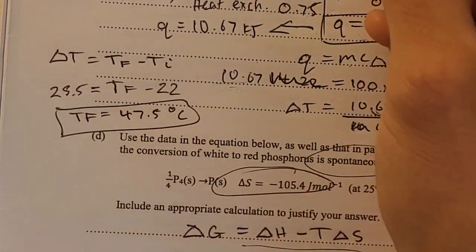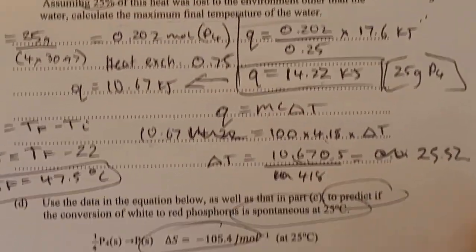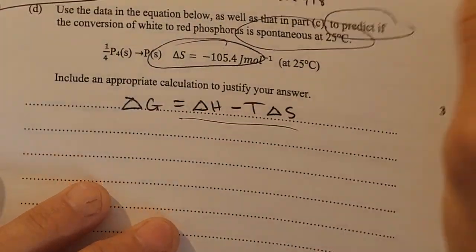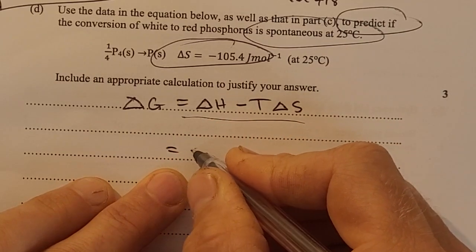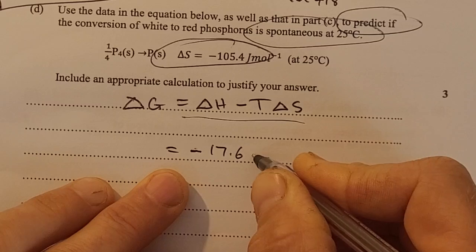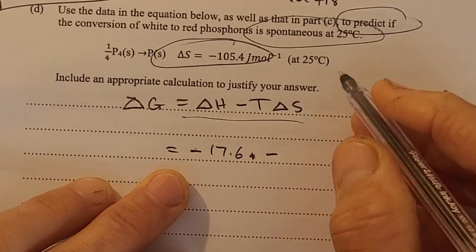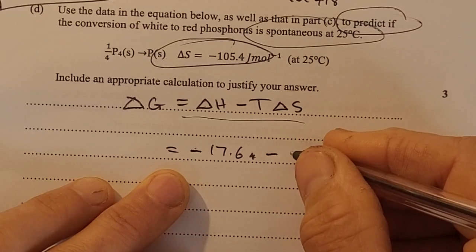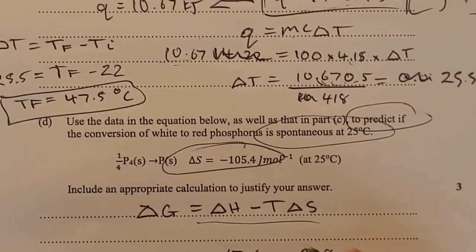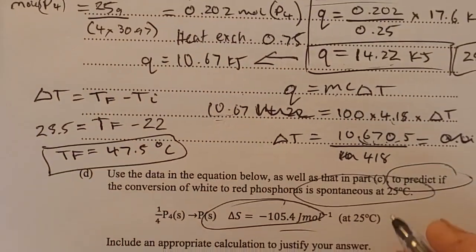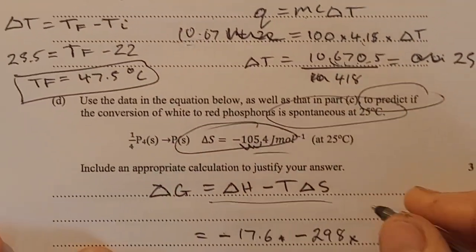Well, here's delta S. Here's delta H. So minus 17.6. Don't forget it's kilojoules. Minus temperature, 25 degrees. This is in Kelvin, so that's 298 Kelvin times this number here. Now this is in joules, so we've got to move the decimal place 3 times.